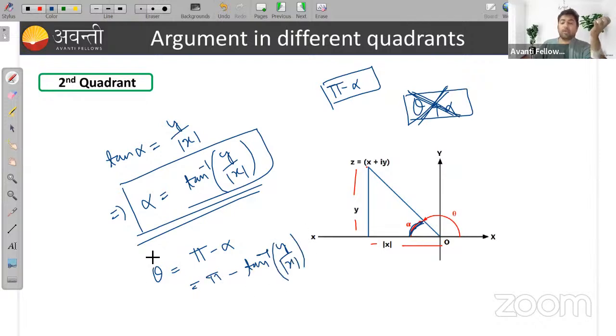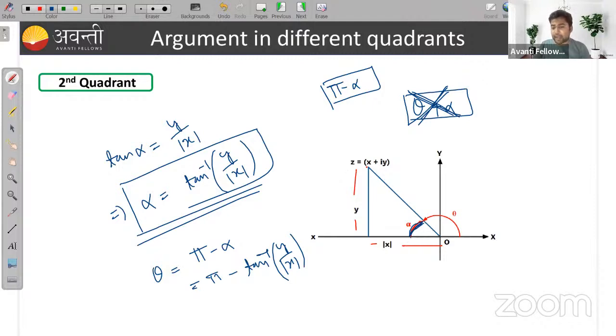Remember these things. If the complex number is lying in the second quadrant, then the argument is theta equal to pi minus alpha. First we'll find alpha, which is tan inverse of y upon mod x. Is that clear to everyone?